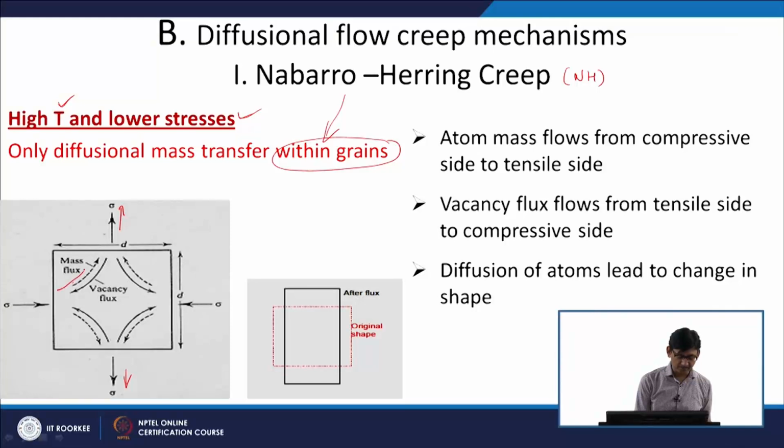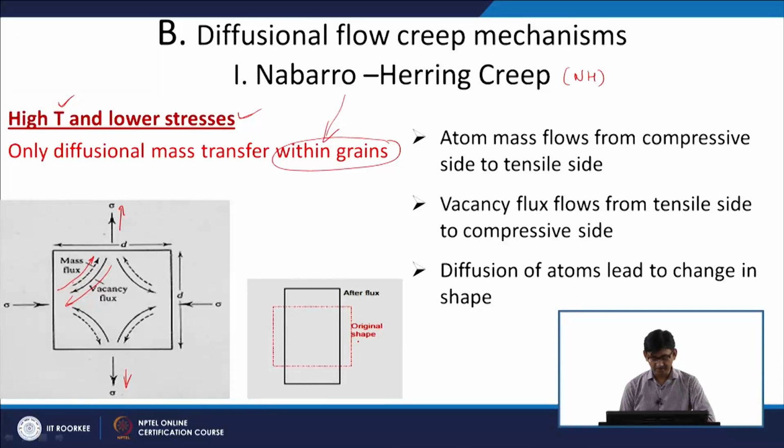And how are vacancies there? Because we are doing this particular deformation at very high temperature, so high vacancy concentration will be there. So, mass flow will take place from the compressive side to the tensile side, and the vacancy flux will be moving from the tensile side to the compressive side.